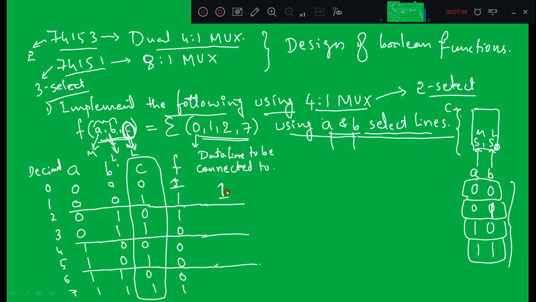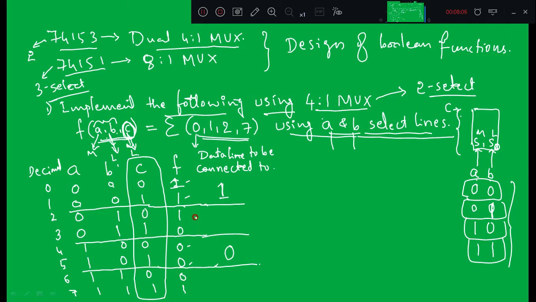It should not depend on C. So directly you write the data line to be connected to as 1 when the select lines are 0 0. Next, when the output is 0 for both combinations, then directly write 0. For these two combinations the output is 0, so I'll directly write 0. For these two combinations the output is 1, so directly I'll write 1.